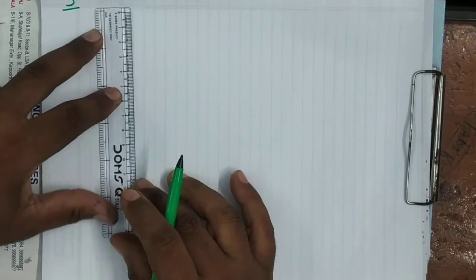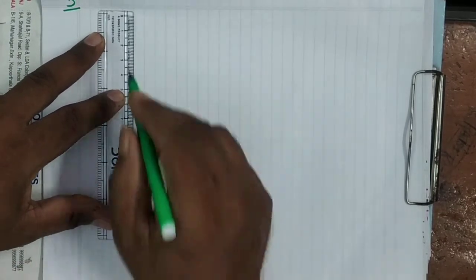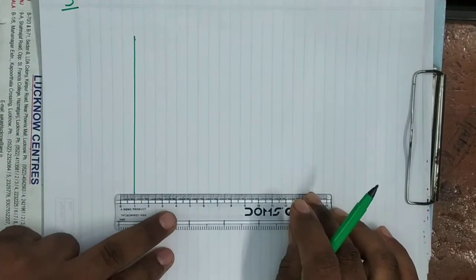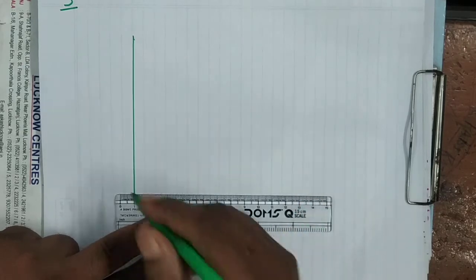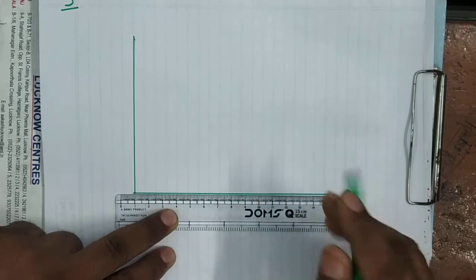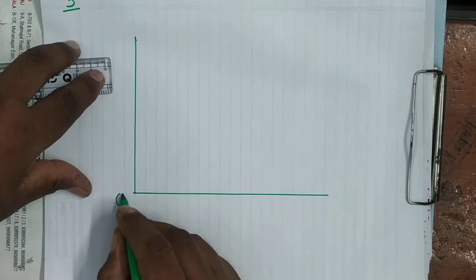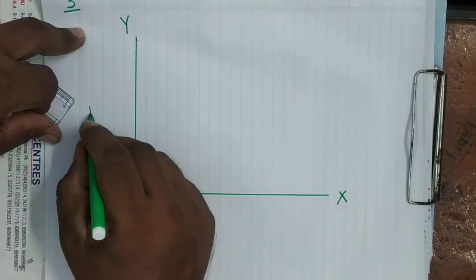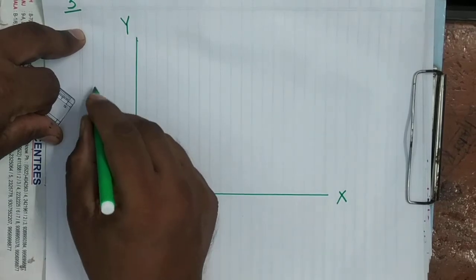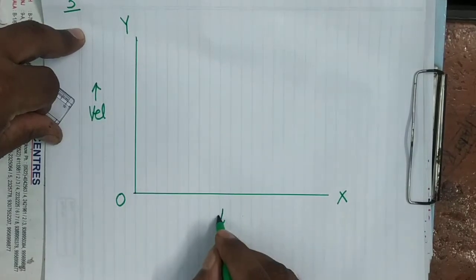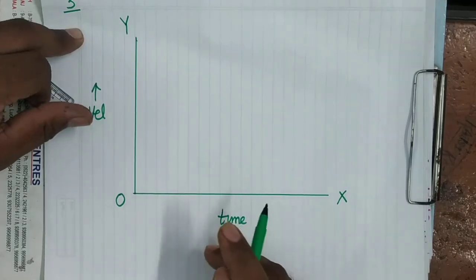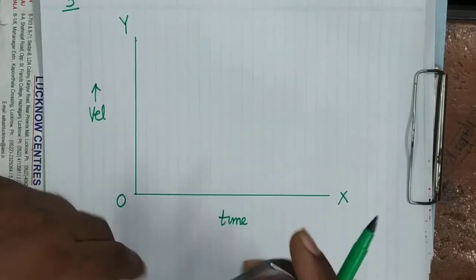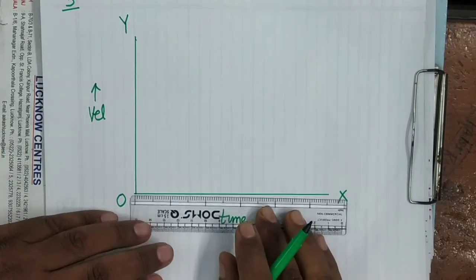You can see here, this is O, y is velocity, and here it is time. Now here time is given in seconds and total time is 8 seconds.